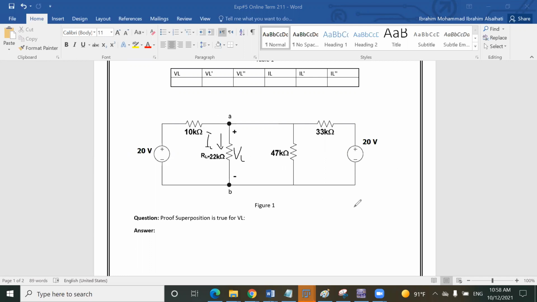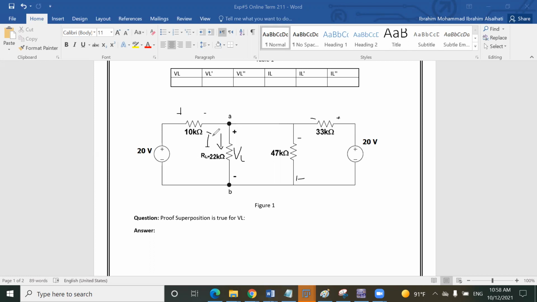So what we will do here, I have to measure the full voltage. It doesn't have to be VL, by the way. It can be any other voltage, for example, this voltage, or this voltage, or this voltage.